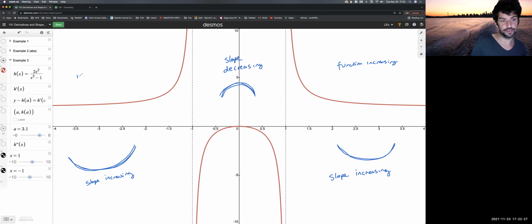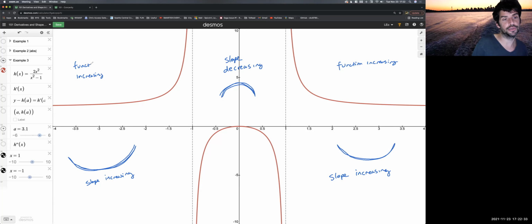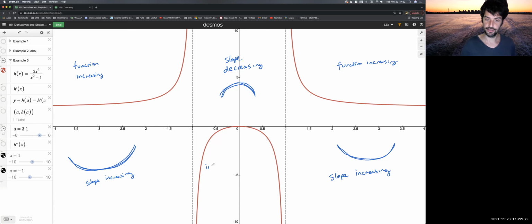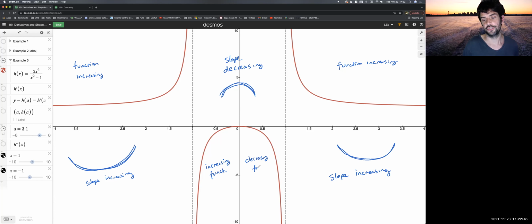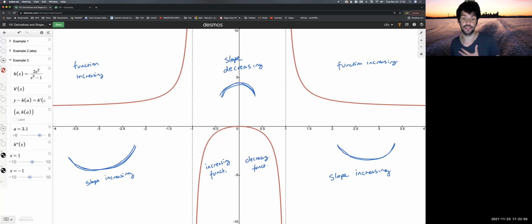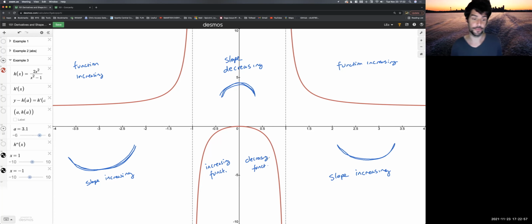Here we have an increasing function and an increasing slope. But here I have an increasing function on the left, and here I have a decreasing function. So we see that we can have any combination, regardless of whether the function's increasing or decreasing, we can have the slope doing the opposite or the same, it doesn't matter, right?